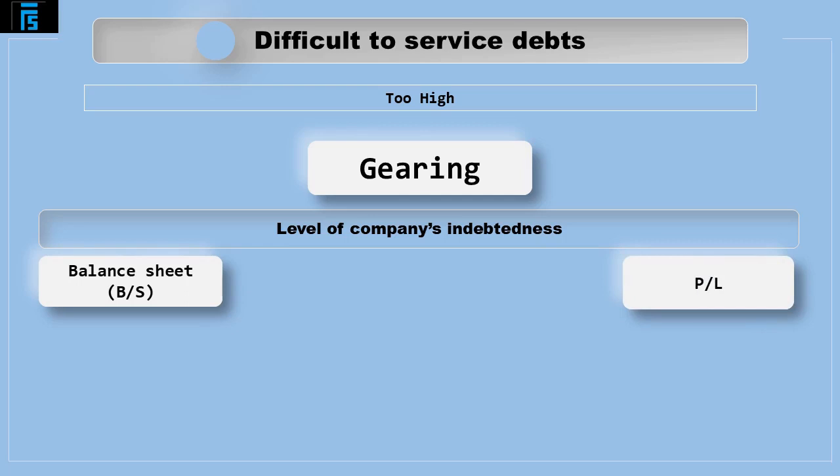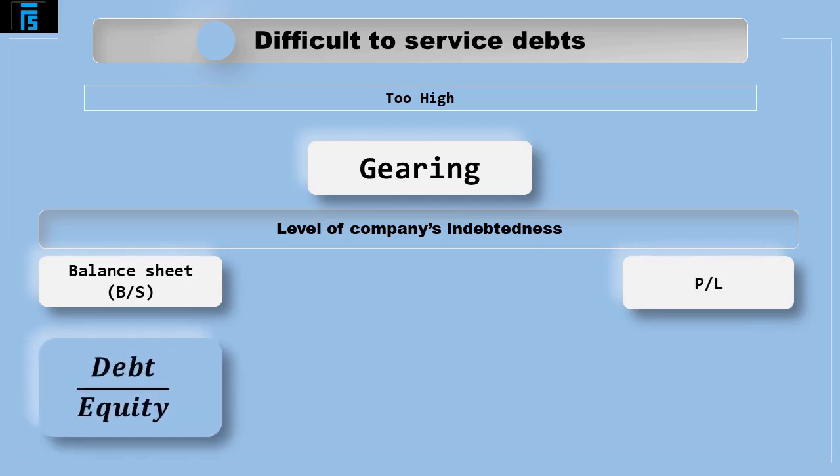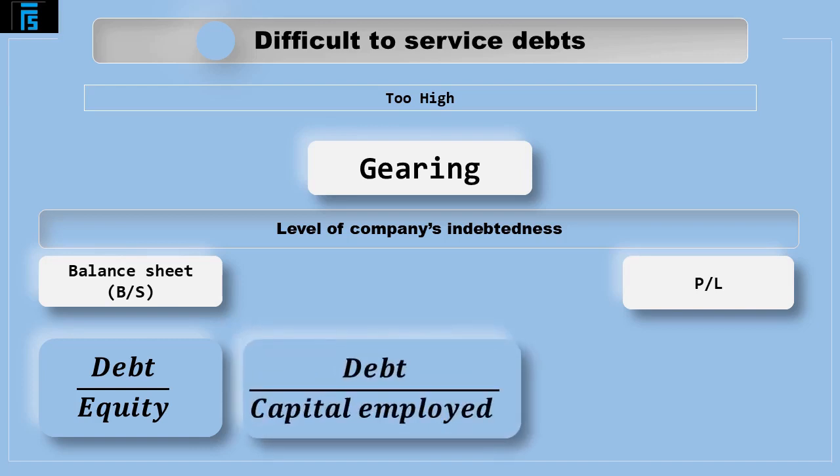The balance sheet gearing ratio is calculated as an entity's debt divided by its equity, or alternatively as the proportion of debt in the total capital employed, that is the sum of debt and equity.